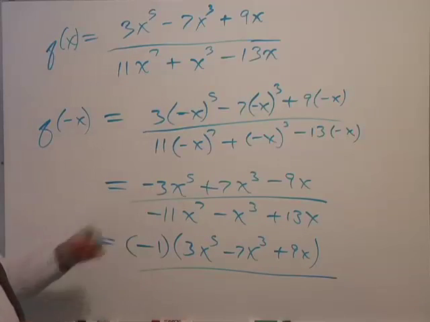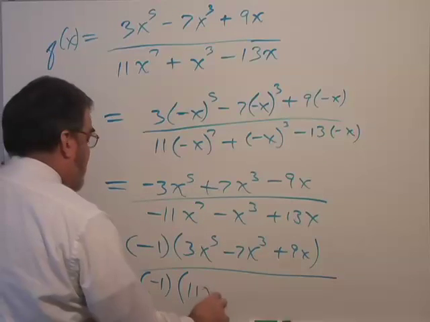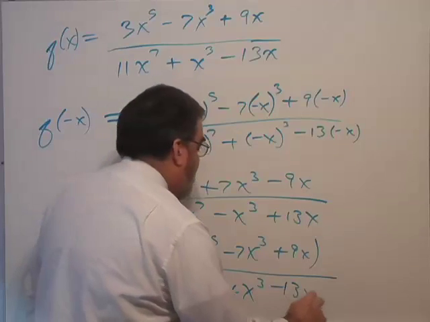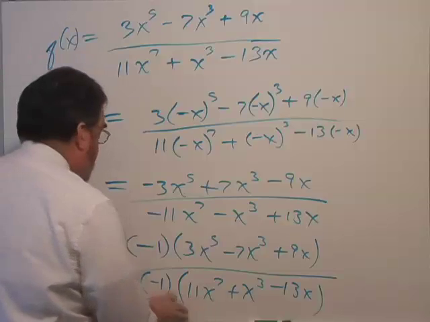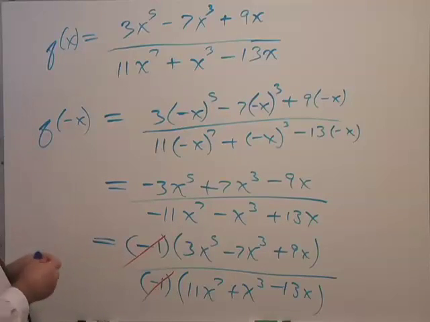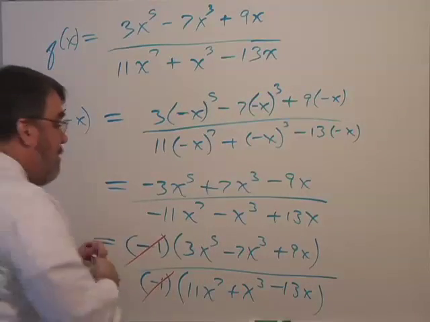And if I factor a negative 1 from the denominator, that gives us 11x to the seventh plus x cubed minus 13x. Now look what happens. The two negatives cancel. And what we're left with is the original function.